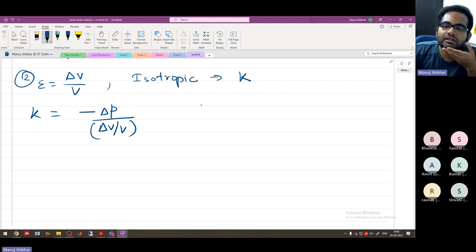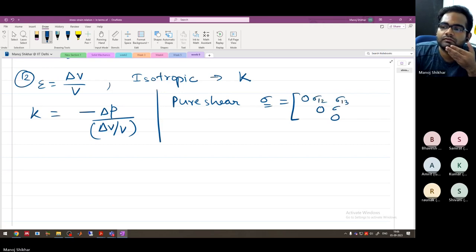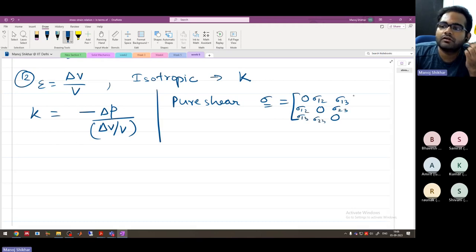Now, if you look at the question, they have given you pure shear. So sigma is what? It will have only off diagonal elements. So we have only off diagonal elements in our stress matrix.